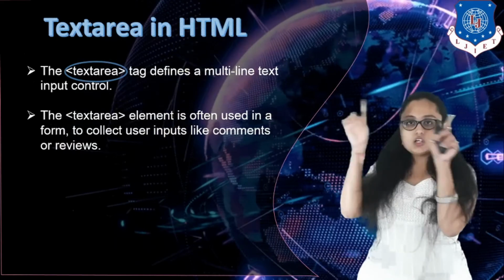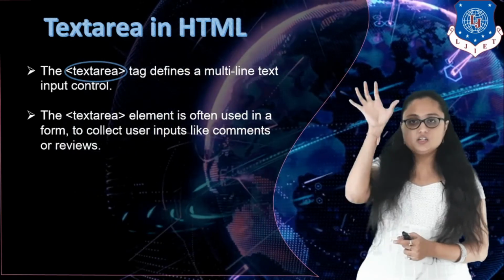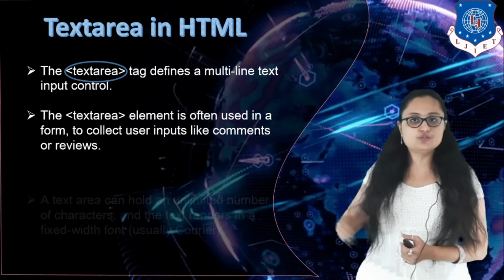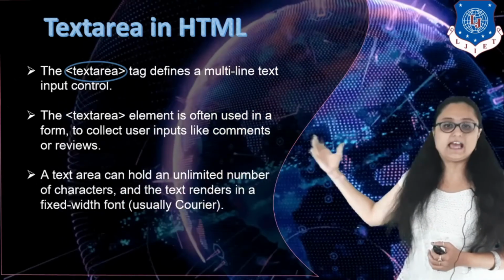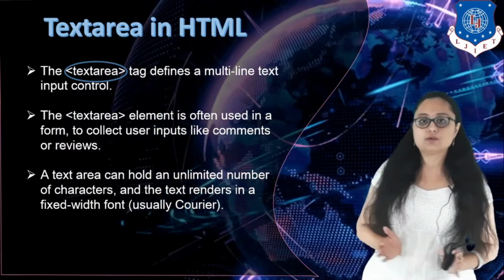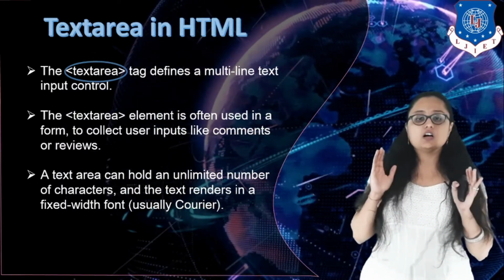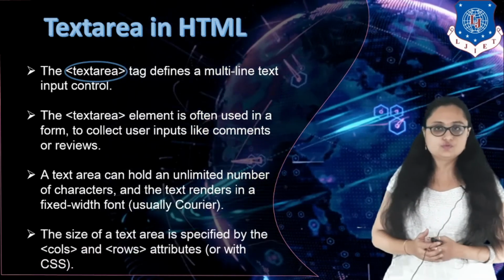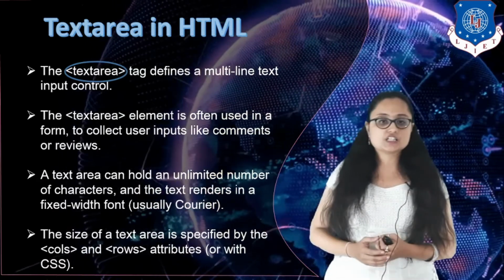So if you want a bigger text box with larger height and width, instead of going for input type is equal to text, you can go for text area tag. Okay, now text area tag holds an unlimited number of characters and the text renders within a fixed font. Basically Courier is used for the font that is displayed.